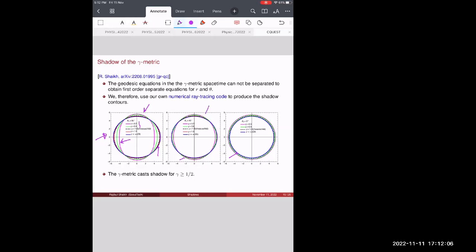This is for inclination angle 45 degrees, and this is for 0 degrees. As we decrease the inclination angle, the shadow gets more and more round. This space-time casts a shadow for gamma greater than or equal to half. For gamma less than or equal to half, it doesn't have any unstable circular orbits, so it doesn't cast any shadow. Instead, it casts a full moon image.